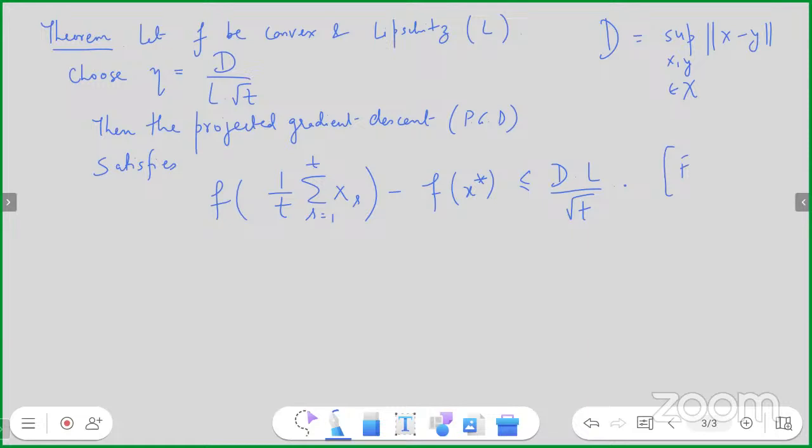Interestingly, it is free of the dimension. Important to note this: the answer really depends on the diameter. We'll see another algorithm, more well known, like the ellipsoid or center of gravity algorithms, which will end up depending on the dimension and will give you a better bound on the error.